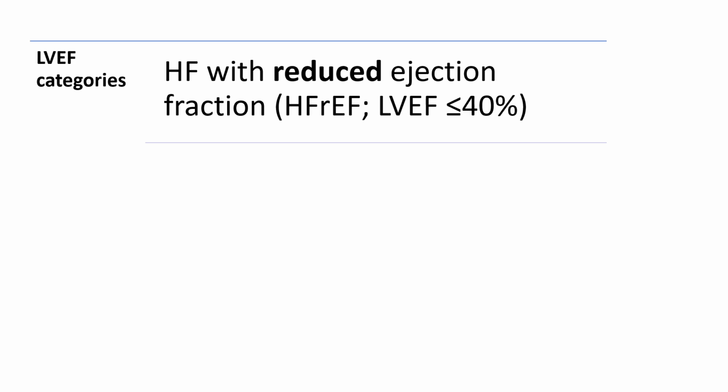Now let's go back to the ejection fraction, since heart failure has been categorized according to the range of ejection fraction. So it's important to understand in general when we talk about heart failure how we use the categories of heart failure according to ejection fraction. Heart failure with a reduced ejection fraction, also termed HFrEF, is when we have a left ventricular ejection fraction of less than or equal to 40%.